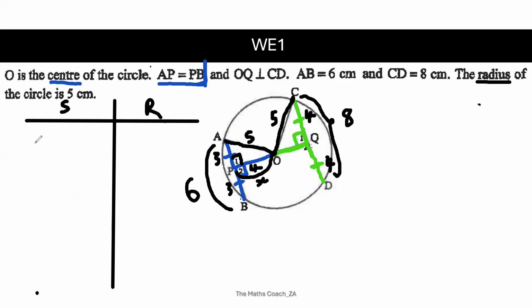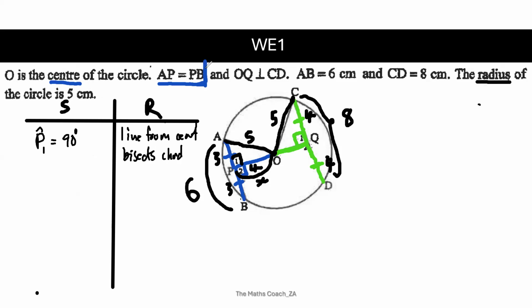So I will start by indicating that angle P1 is actually 90 degrees. Why? Because I have been told that a line from the center bisects the chord. That is what is given.